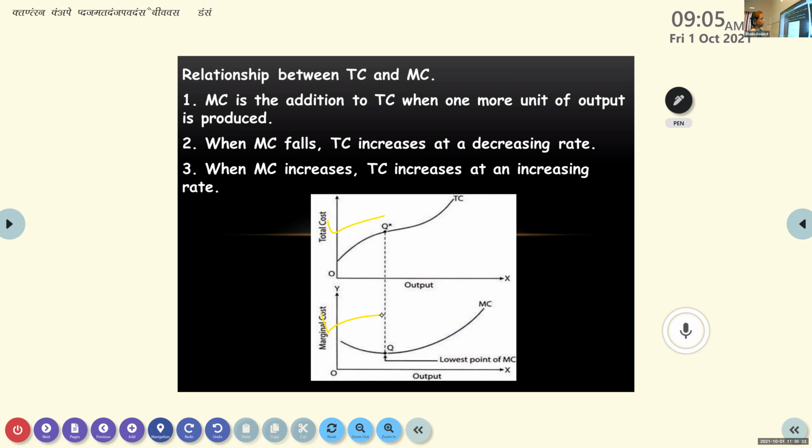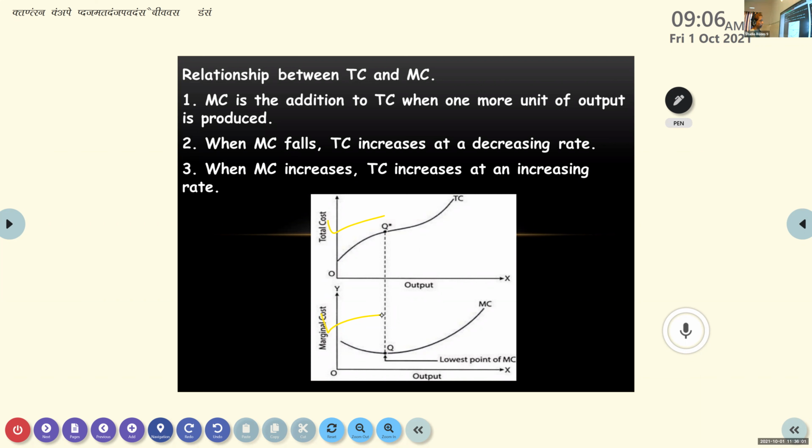What is MC that you have studied before? What is marginal cost? What is the formula? It is not utility here, it is cost.